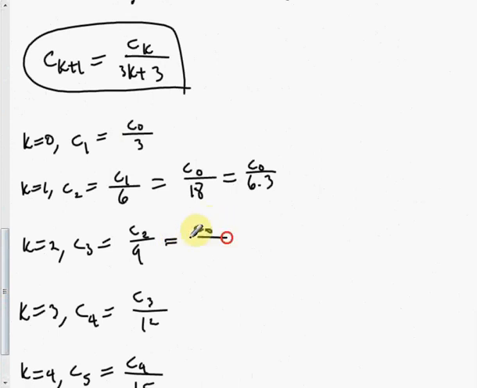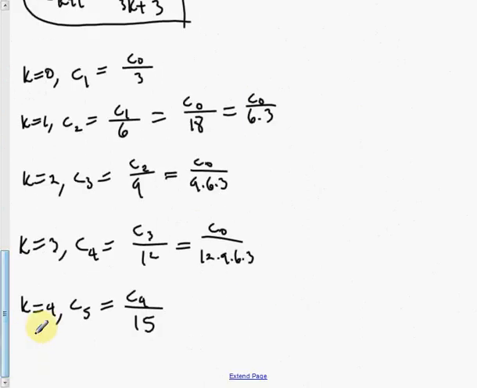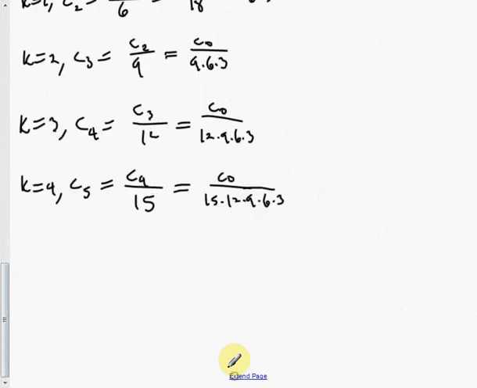This is c naught all over 9 times 6 times 3. This is c naught over 12 times 9 times 6 times 3. And kind of see that pattern. So 15 times 12 times 9 times 6 times 3.